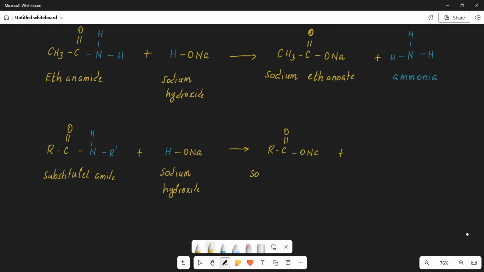This is sodium carboxylate. The other one is going to have H N H R dash. This is a primary amine. So it's not ammonia, it is the primary amine we are getting.